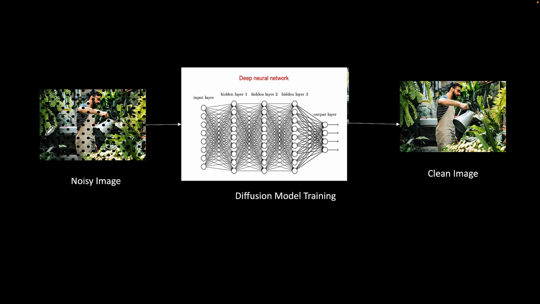It takes a noisy image as an input and learns to create the clean image from this noisy image. Once the model is trained, it can generate a completely new image from the noise itself.